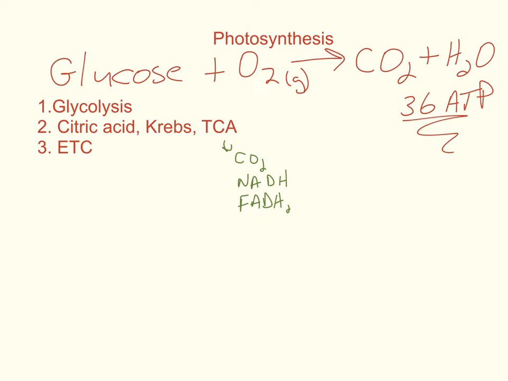And up here, you produced pyruvate, and you made some NADH. All the NADH went to the electron transport chain. All the FADH2 went to the electron transport chain.